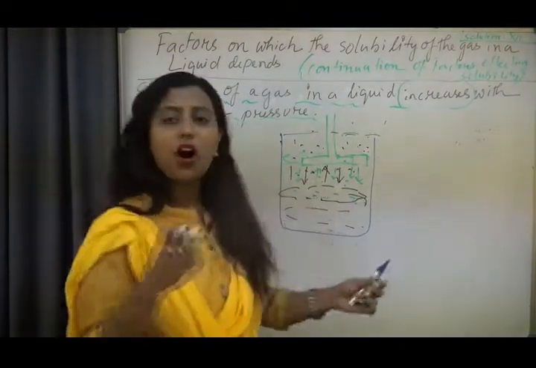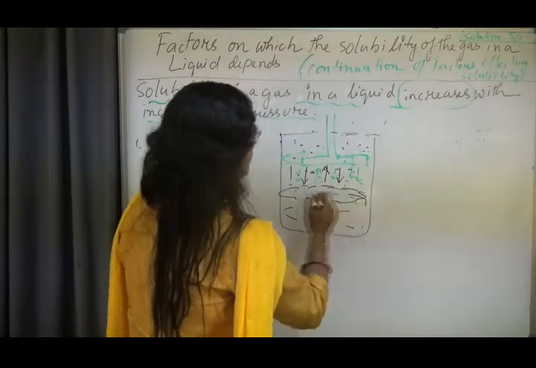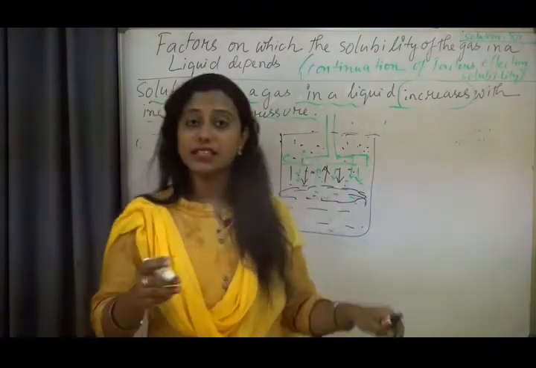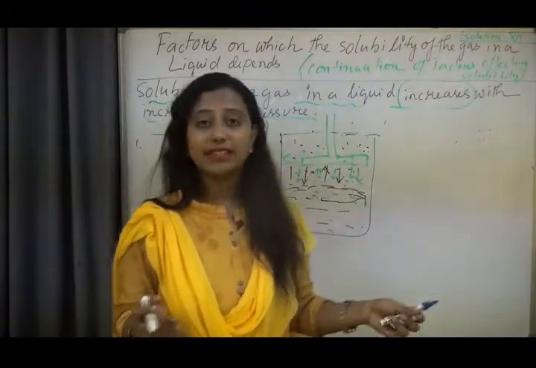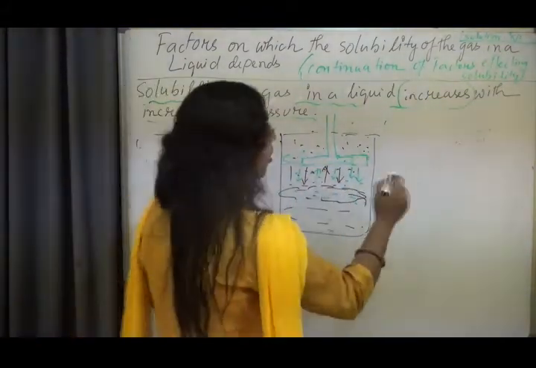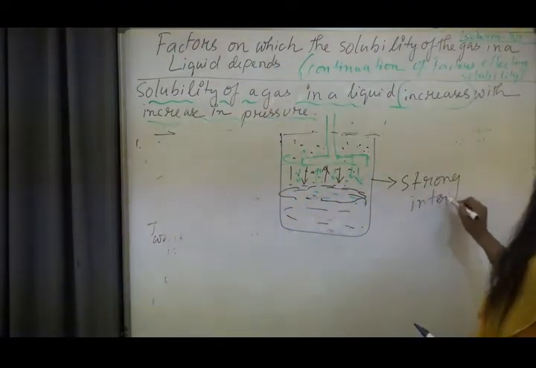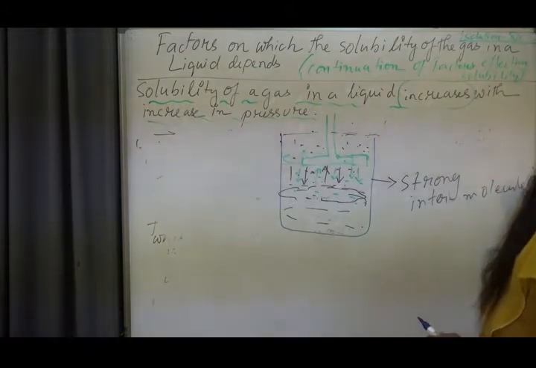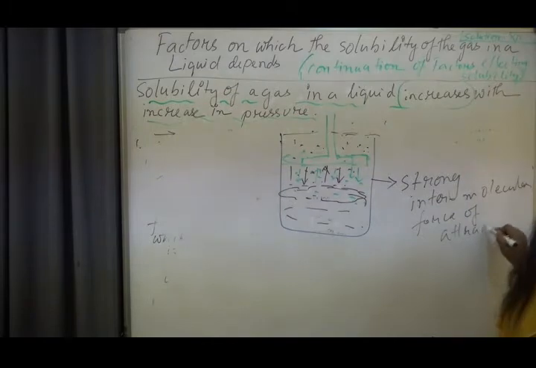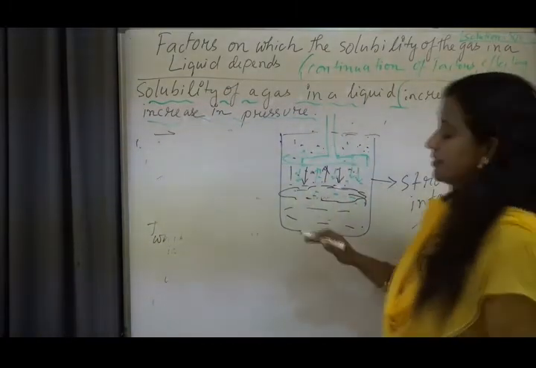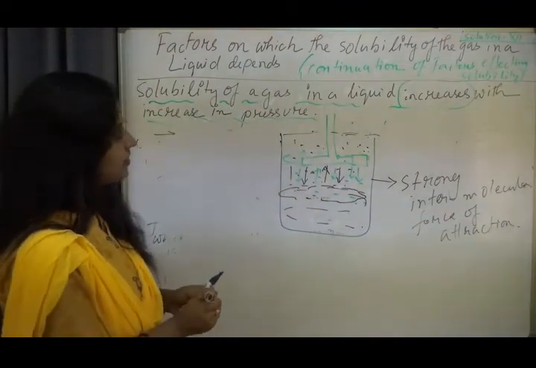There is a strong intermolecular force of attraction between the upper layer of the liquid and the gaseous surface inside the vessel. So there is a strong intermolecular force of attraction, as a result of which the gas becomes liquid.